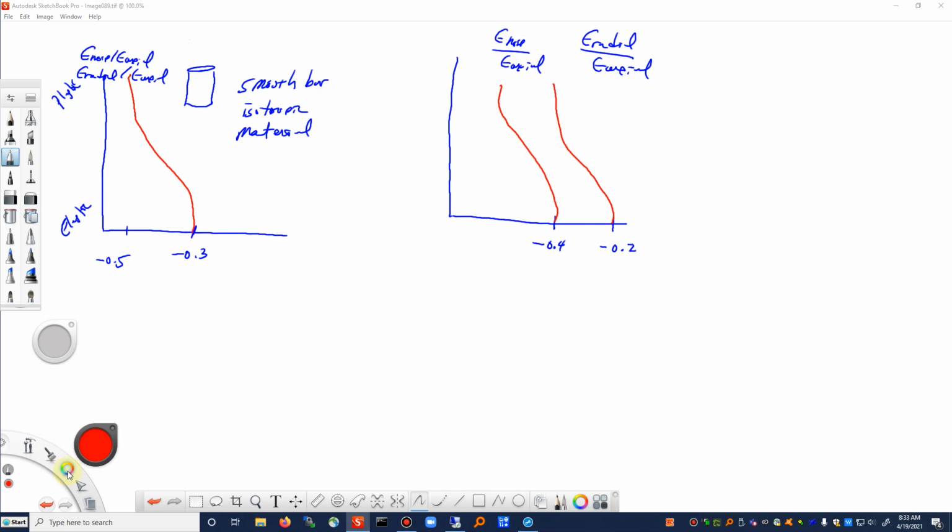Okay, so the numbers have to add together to be minus 1. So maybe this one transitions over to minus 0.4, and maybe this one transitions over to minus 0.6.